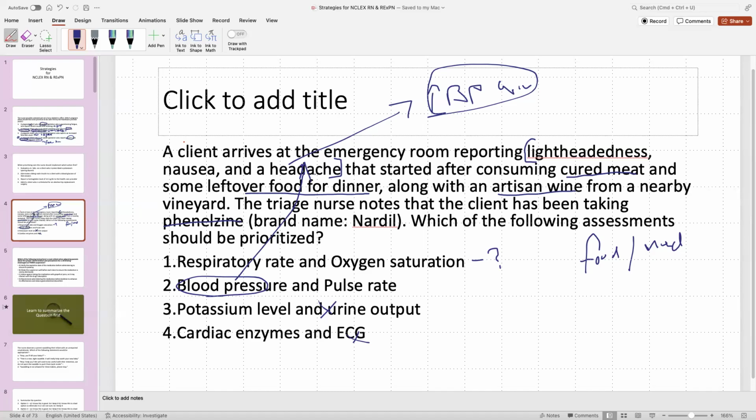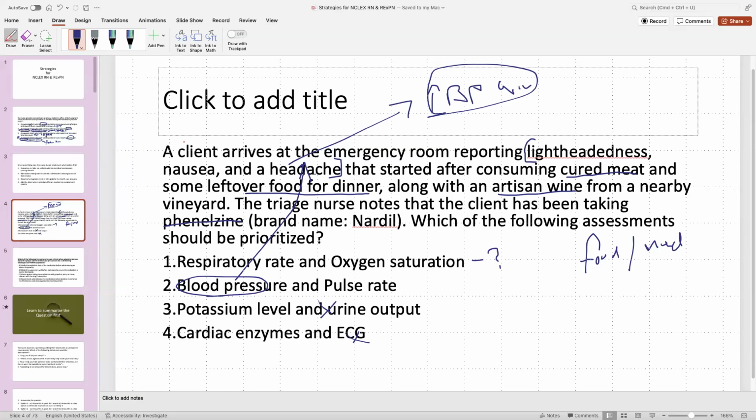In this question, what NCLEX is expecting is not for you to know the action of phenelzine, or the complication or side effect of phenelzine. What NCLEX is expecting is that you know that a headache is a classical sign of hypertensive crisis. That is the entry level nursing knowledge.